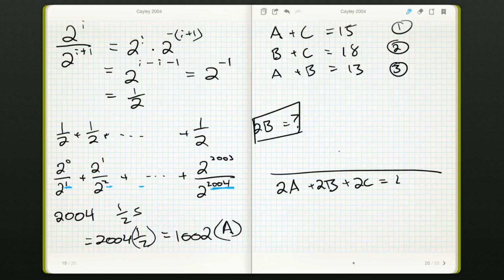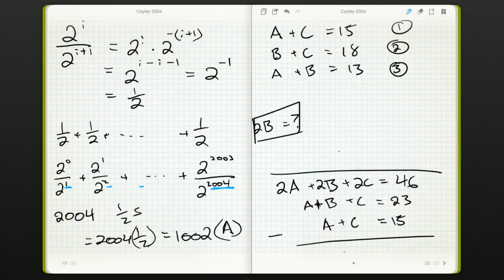So now I have A plus B plus C as long as I divide by 2. Divide by 2, we get 23. And that's great. Now if I wanted any individual value, say the value for B, well, I know what A plus C is. So I just subtract, and I'm left just with B. B is going to be 8.